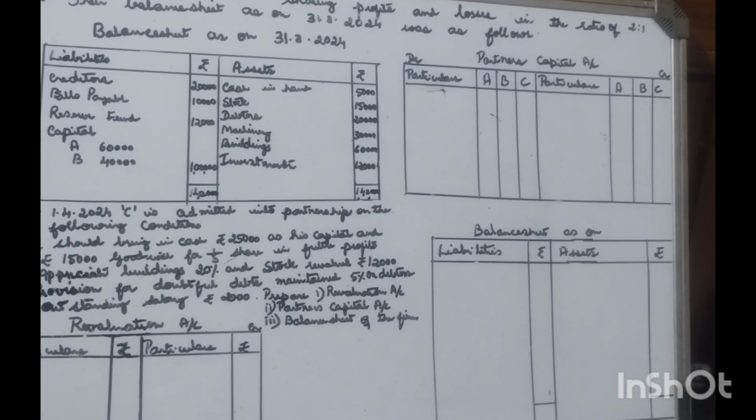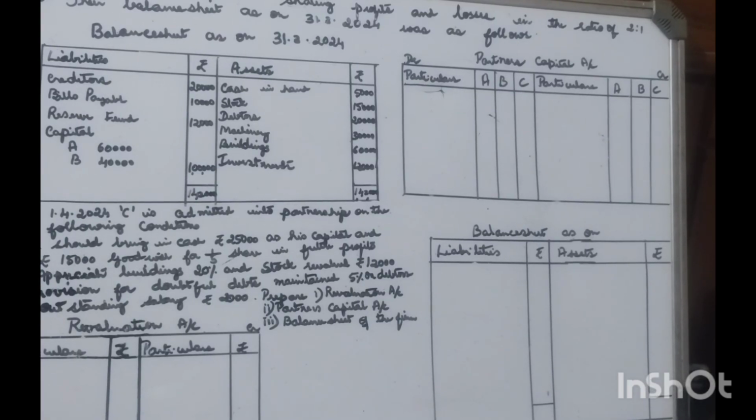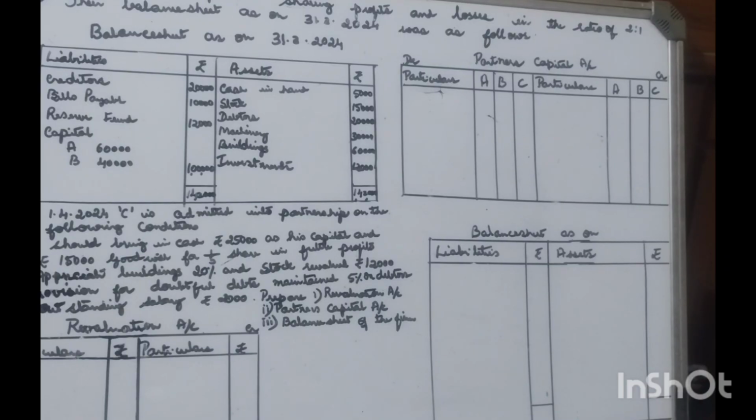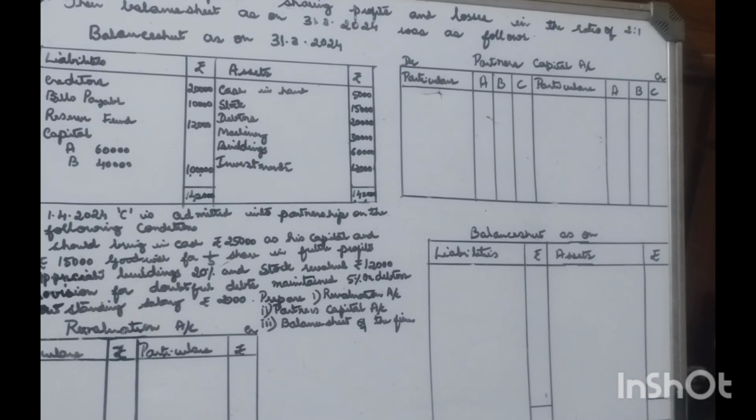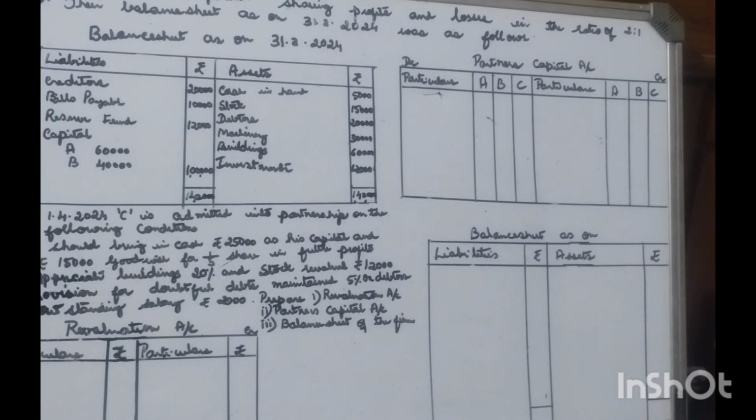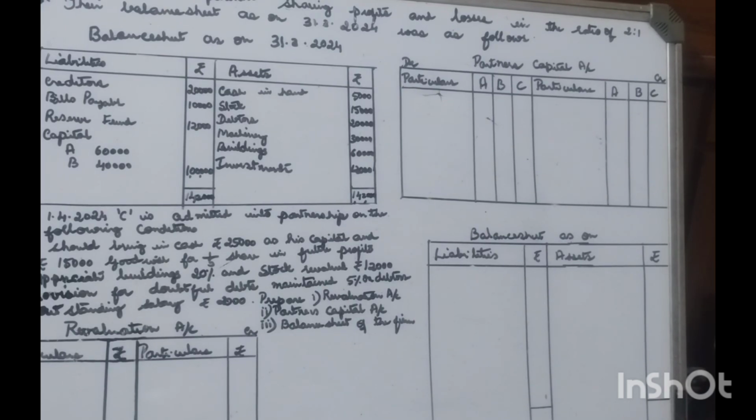The balance sheet as on 31/3/2024 is given. Under the liability side, creditors, bills payable, reserve fund, capital is given. Under the asset side, various assets, current assets as well as fixed assets of the firm are given in the question.